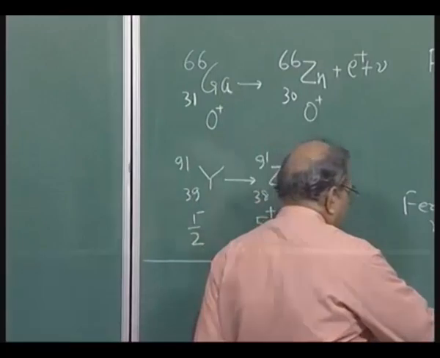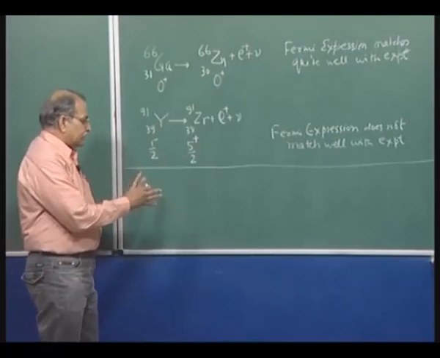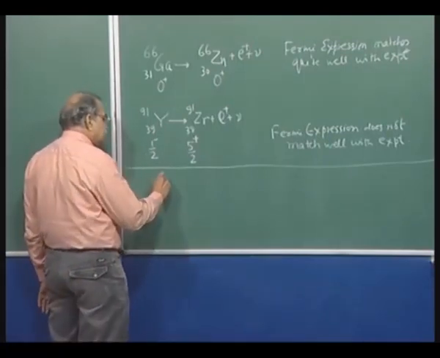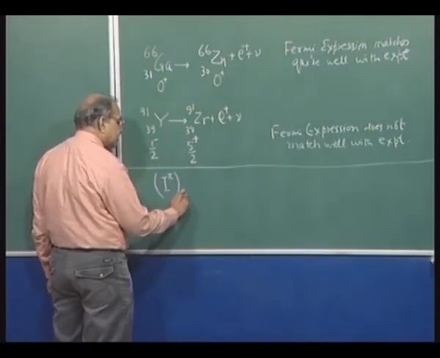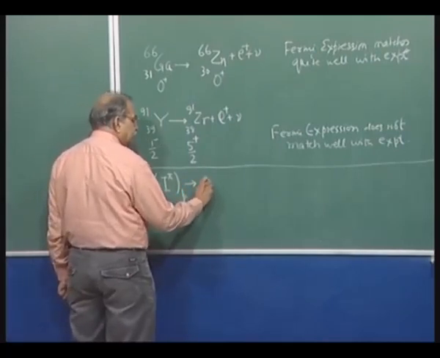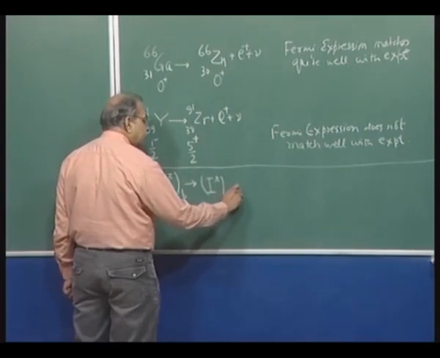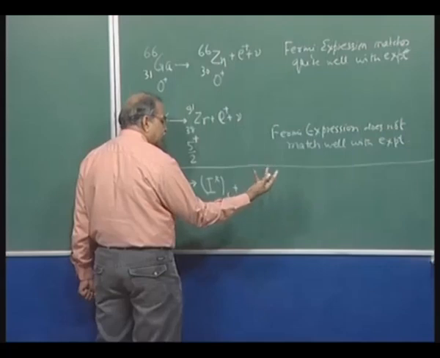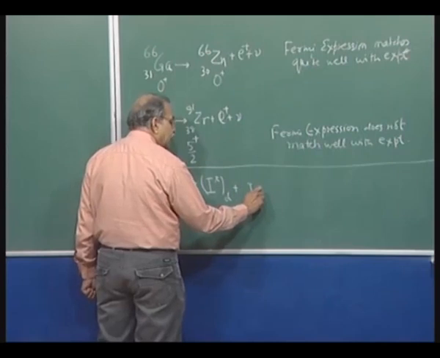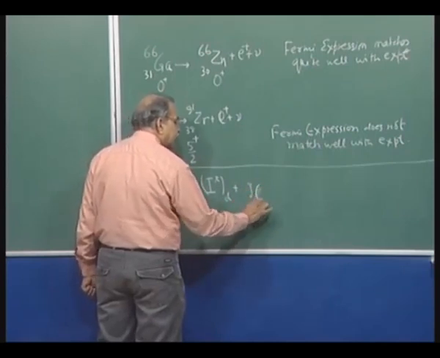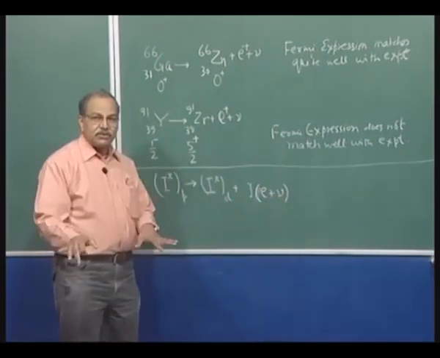So, if we look at the angular momentum and parity in these beta decays, you have this I pi of parent to start with, and then in the product you have I pi for the daughter, and then the total angular momentum of electron, and electron means electron or positron, and similarly neutrino means neutrino or antineutrino, whatever is the case.